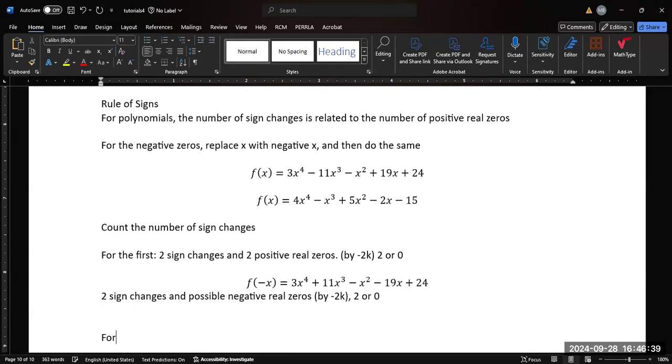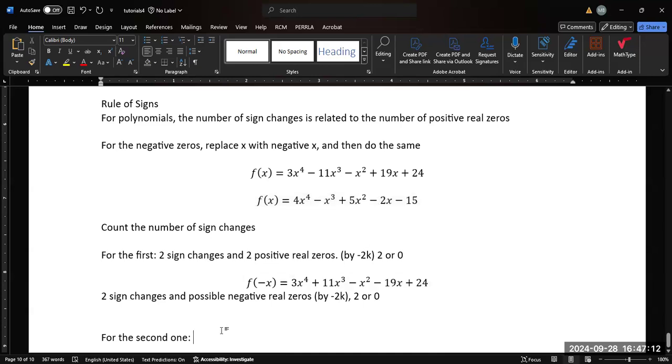Now for the second one, we're going to look up here. And again, what would our sign changes be? So it starts positive, flips, that's one sign change, flips again, that's another sign change, flips again, that's another sign change, and then no sign change.